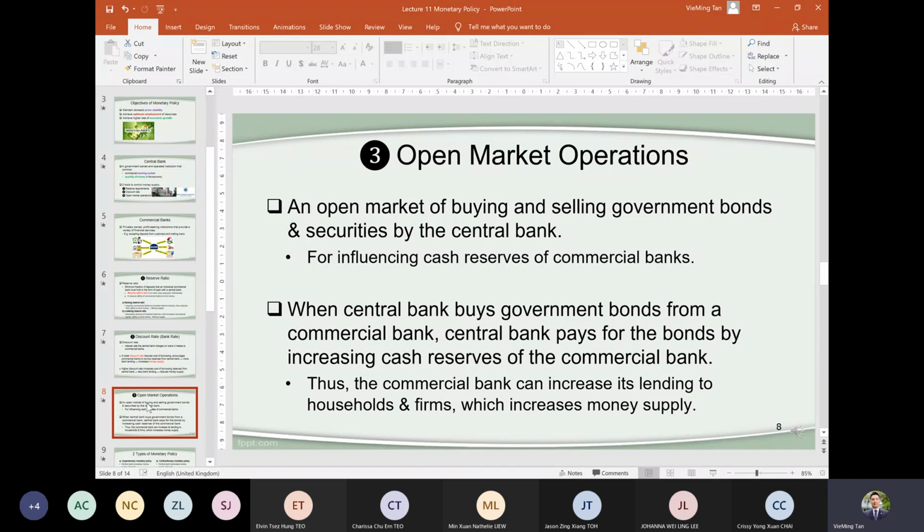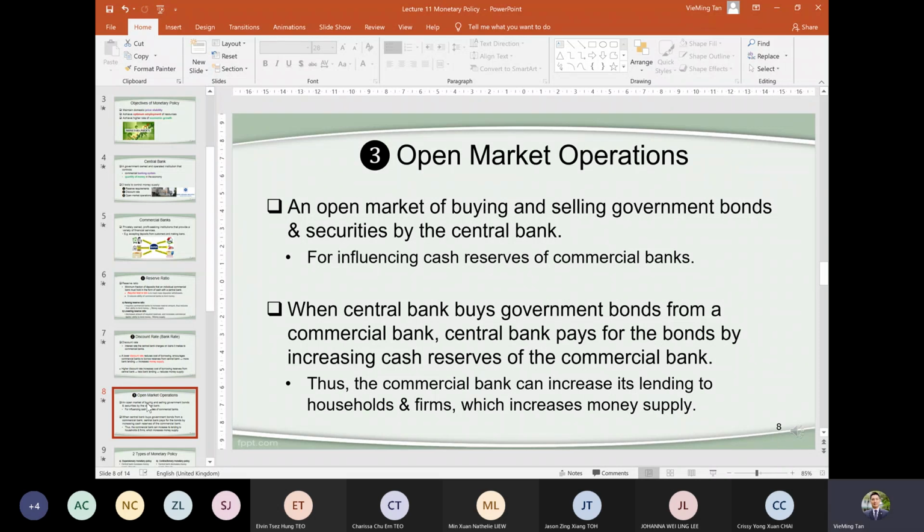So there will be more money, more money supply, available to the commercial bank. As a result, this increases the money supply available for the commercial bank that can be used to lend to households and firms.